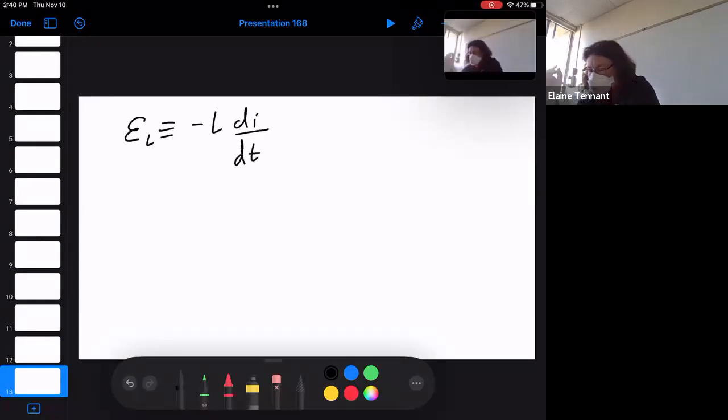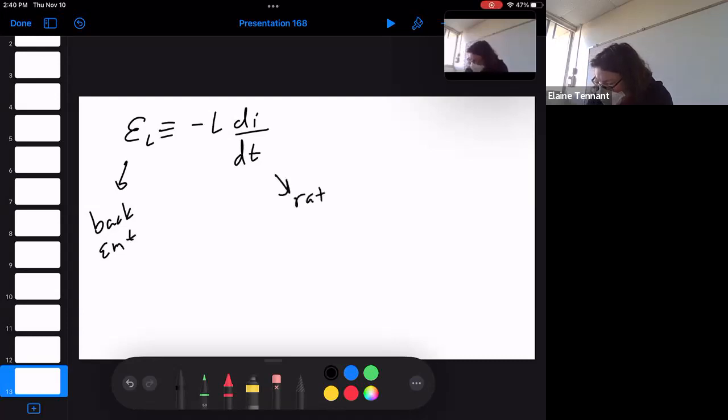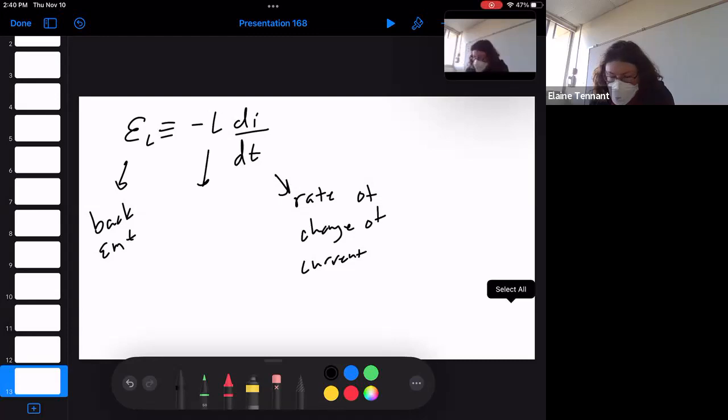Okay. So this is my back EMF. This is the rate of change of current. And this is, we're calling it inductance. And it's just my multiplier.